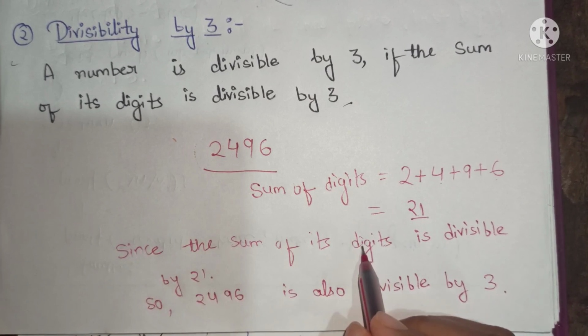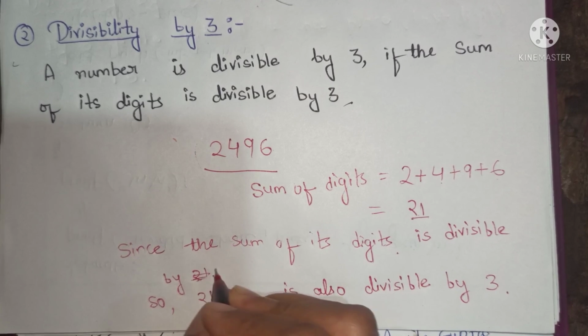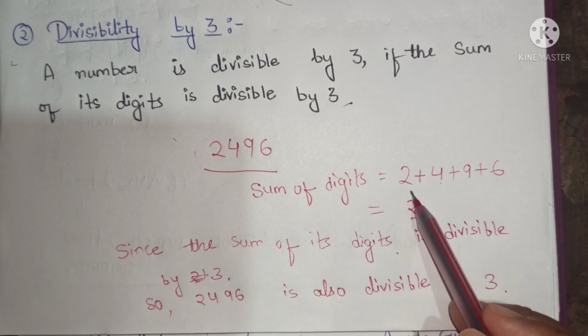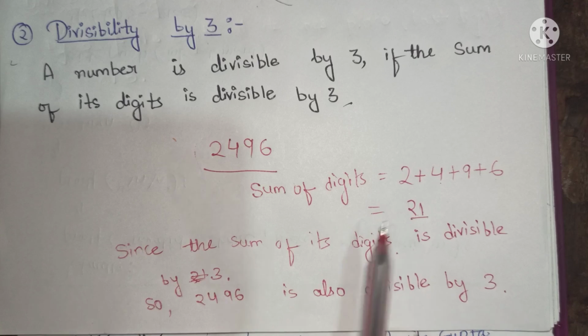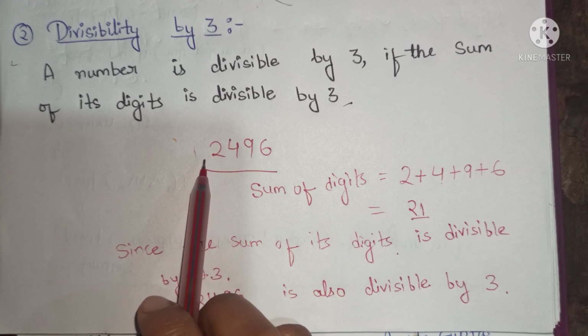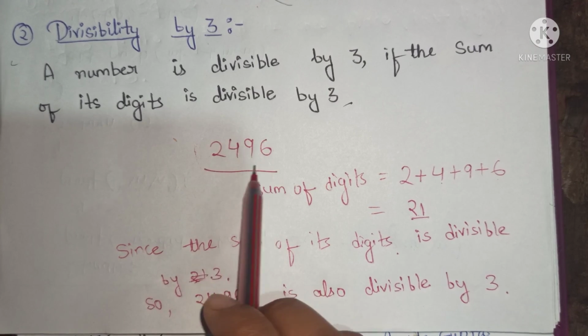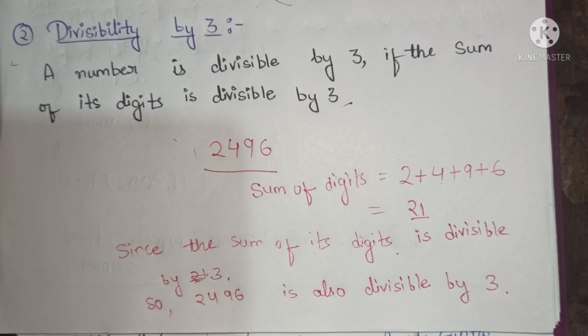Sorry, since the sum of its digits is divisible by 3, it should be 3 here. Since this number is divisible by 3, we can say without dividing that this number will also be divisible by 3. So this is the rule for divisibility by 3.